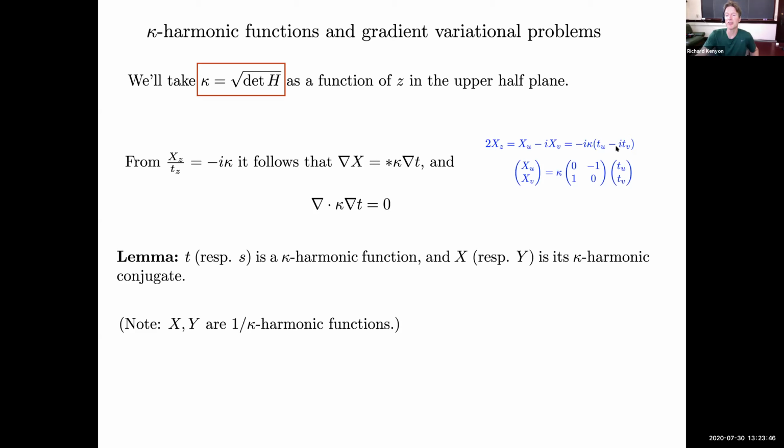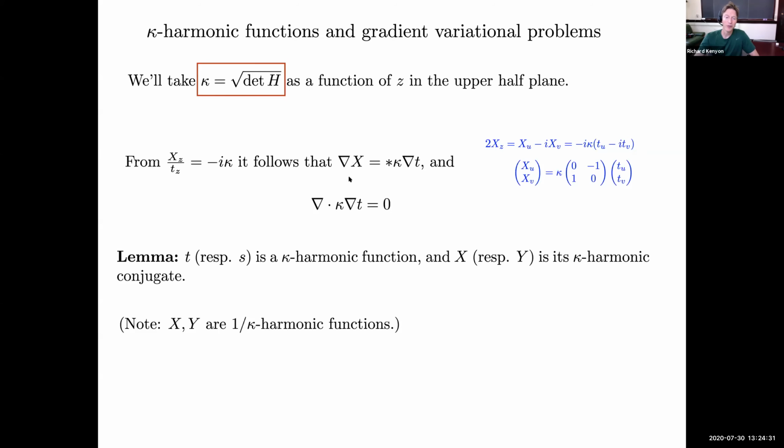So you can equate the real and imaginary parts, and you find that (xu, xv) is a rotation by 90 degrees of (tu, tv), followed by multiplication by kappa, which I rewrote over here. So what this equation means is the magic property that on the z plane, the gradient of t and the gradient of x are rotated one from the other by 90 degrees, and one is scaled from the other by kappa. You take the gradient of t, multiply by kappa, rotate by 90 degrees, that's what this star is supposed to mean, and that's how you get the gradient of x.